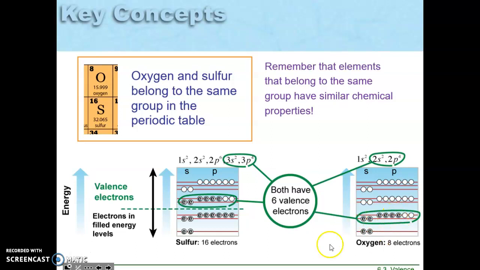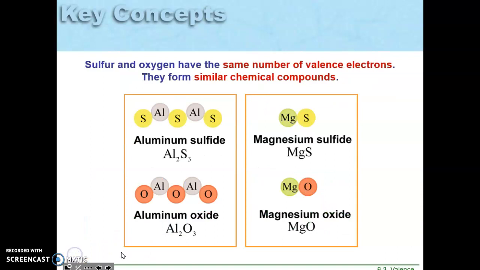That's in the second shell. And then sulfur in its third shell has 2 S's and 4 P's for a total of 6. So the 6 valence electrons is much more important than what shell it's in. If they're in the same family, they're going to have the same number of valence electrons, similar properties, and they're going to form similar compounds.